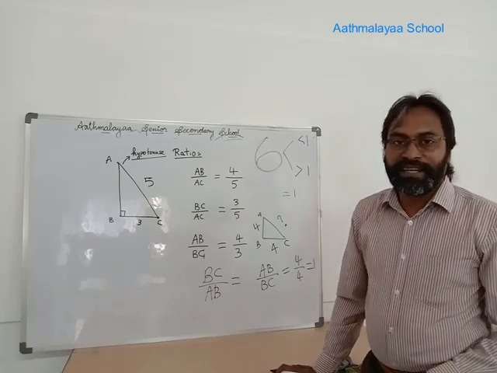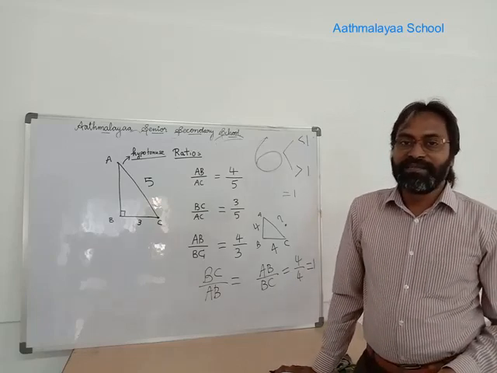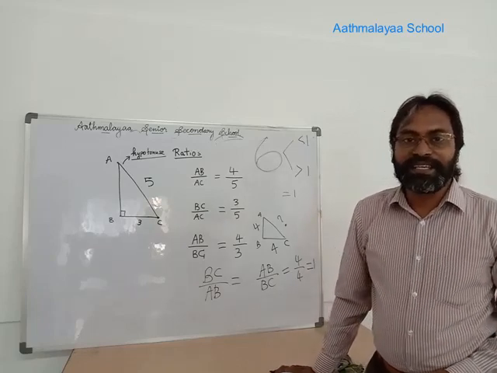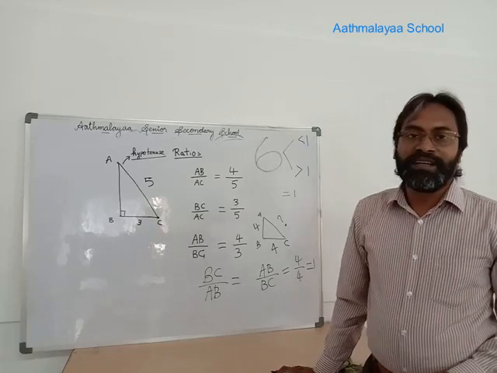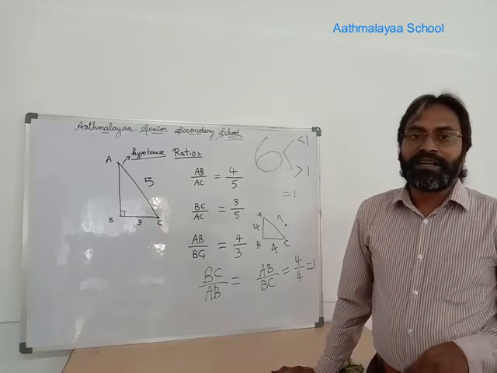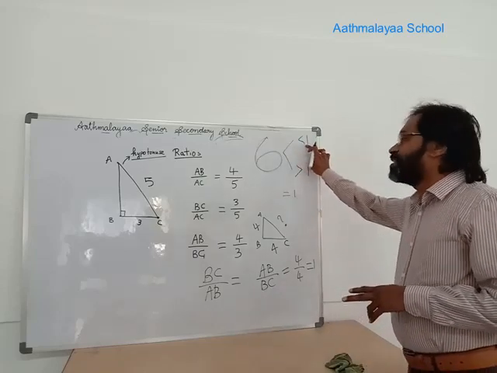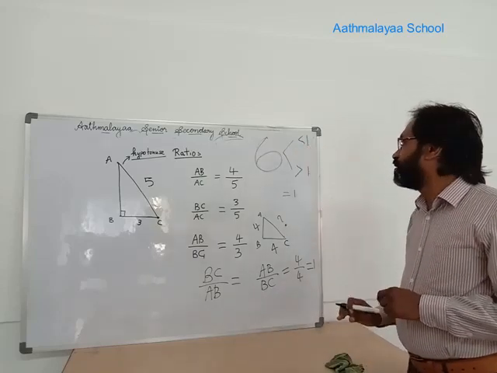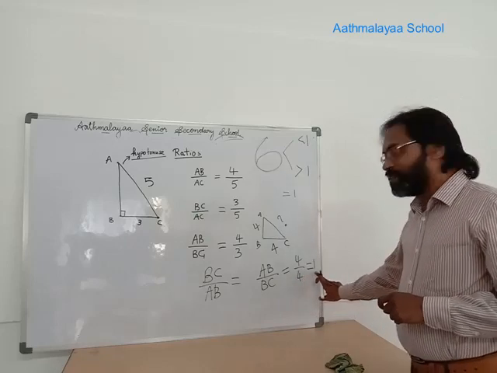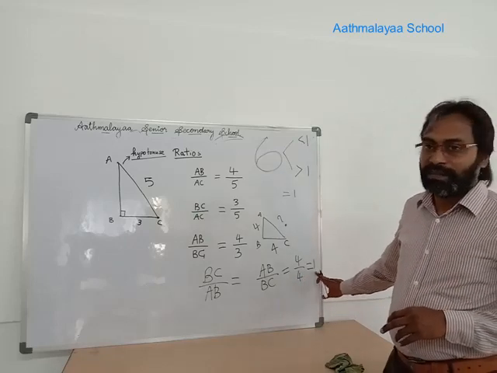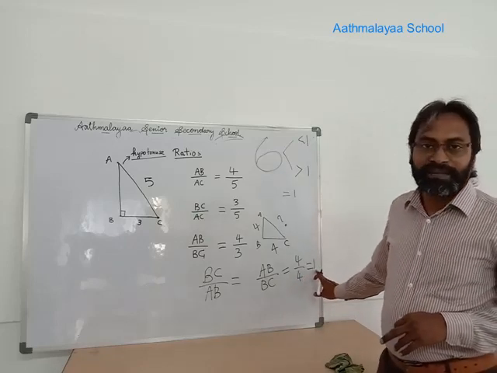Did I not contradict what I said earlier? What I said earlier was that in trigonometry, in a triangle, there are only 2 cases, that the ratios are less than 1 and greater than 1. But now here we have got the ratio being equal to 1.